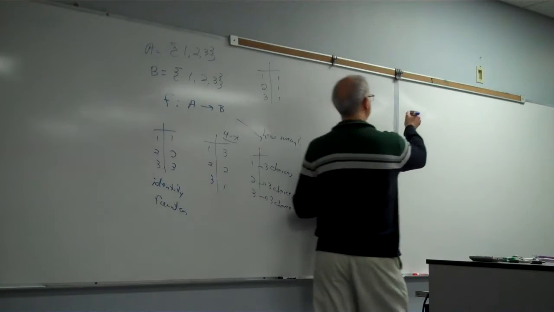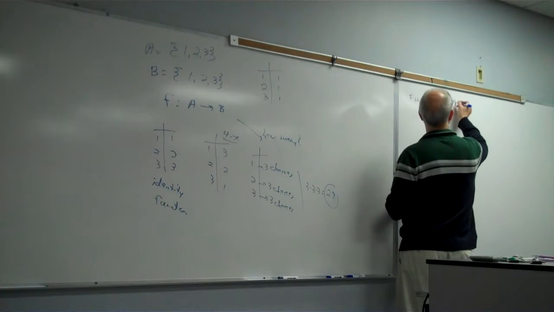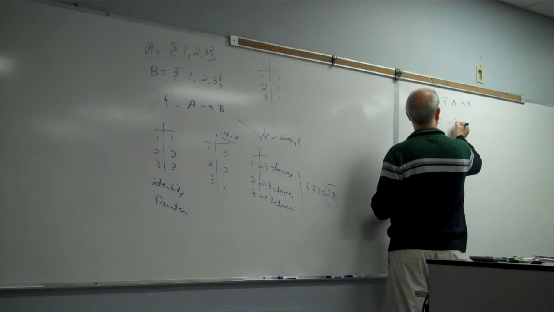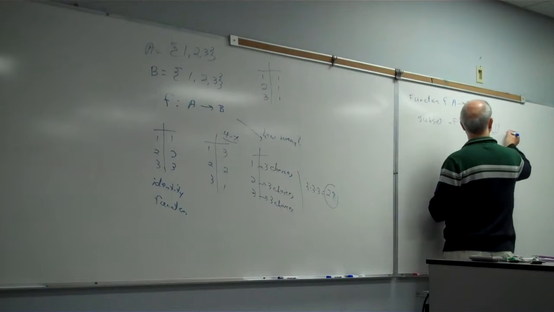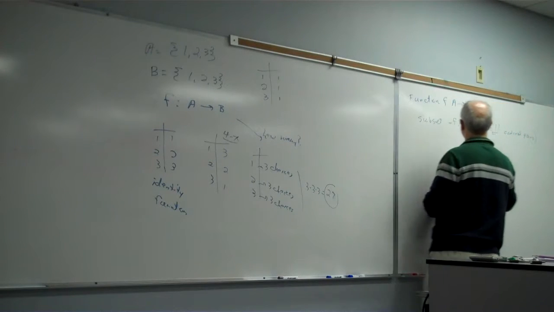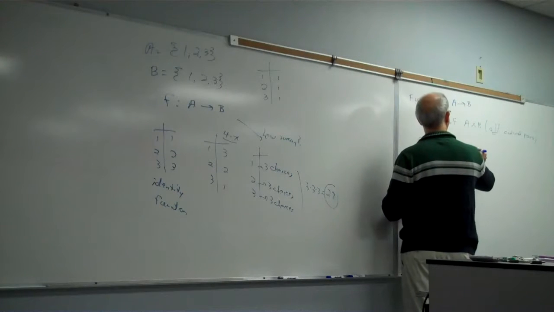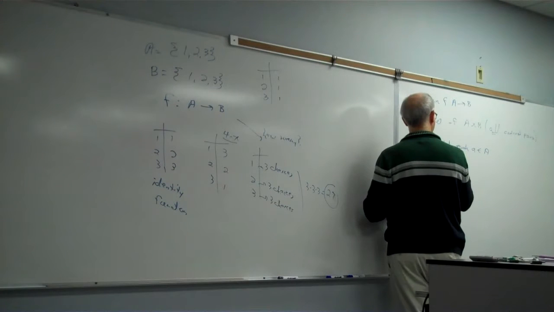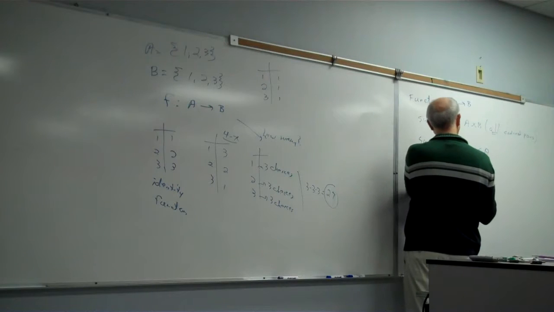So we could also describe a function f from A to B as a subset of A cross B, which is the set of all ordered pairs, such that each A in our domain appears exactly once.